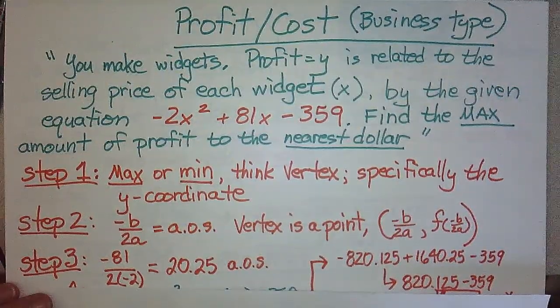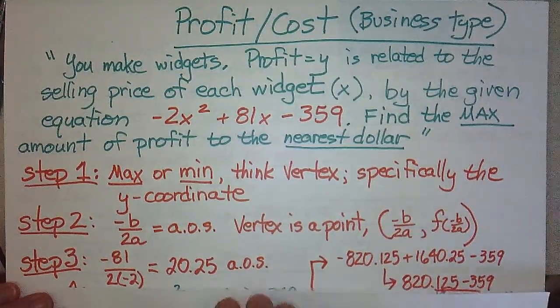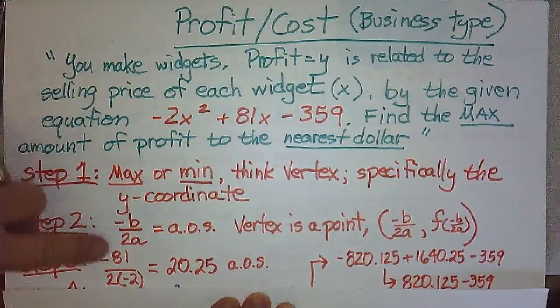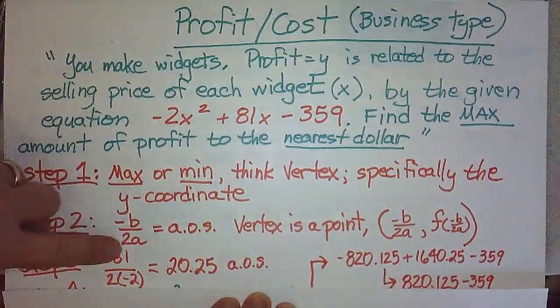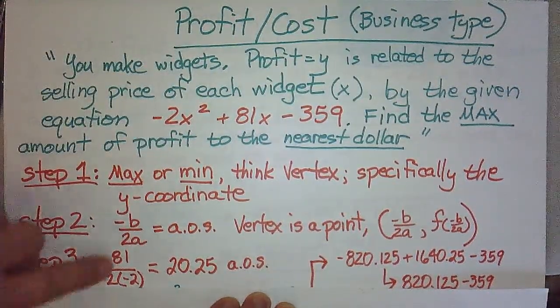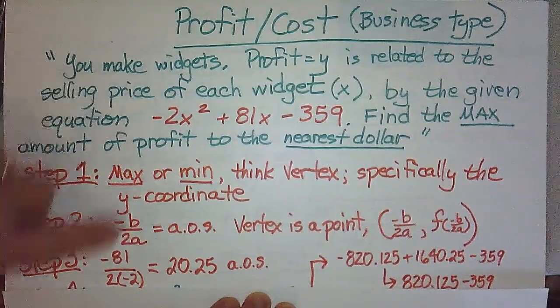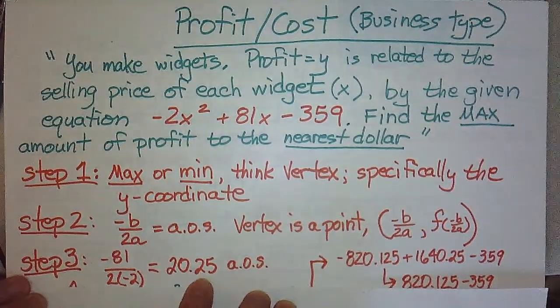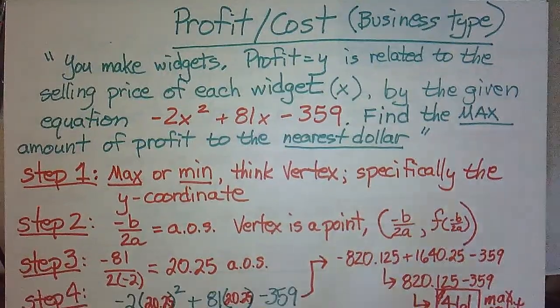Step 3, here we go. We plug in negative b, negative 81, divided by 2 times a. A is negative 2, right? So we've got 20.25 as my axis of symmetry.